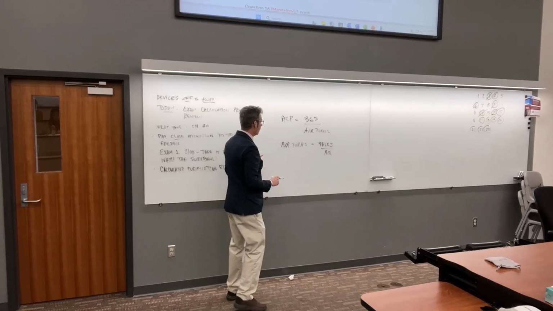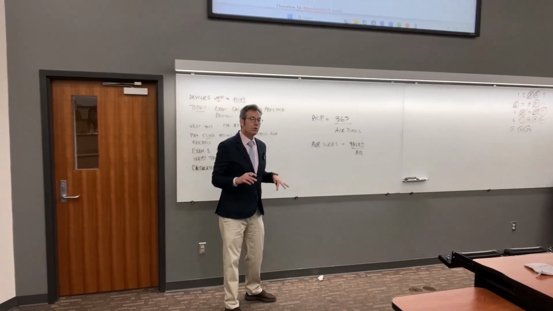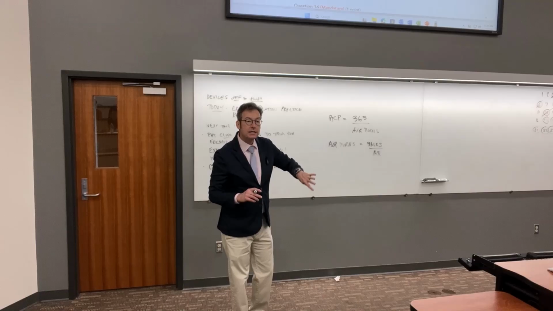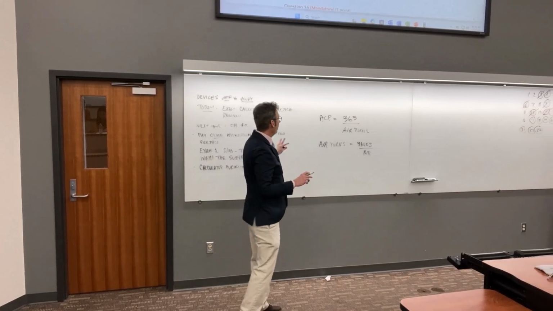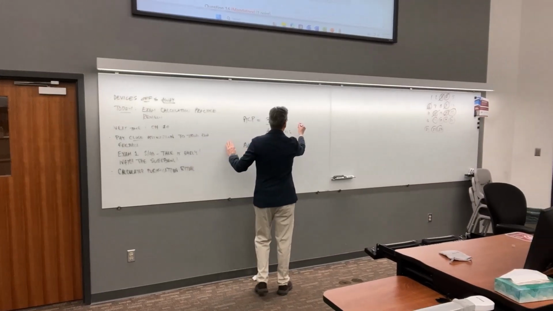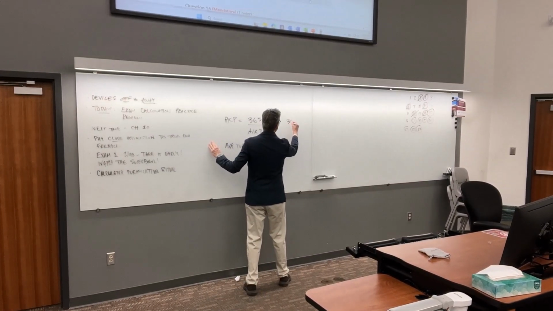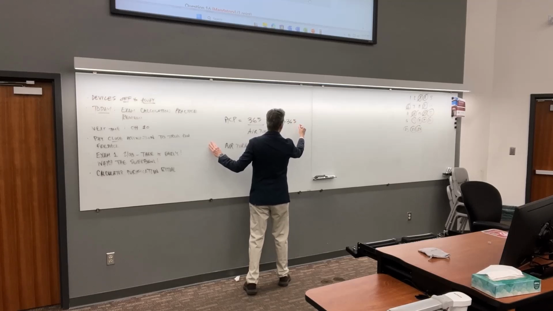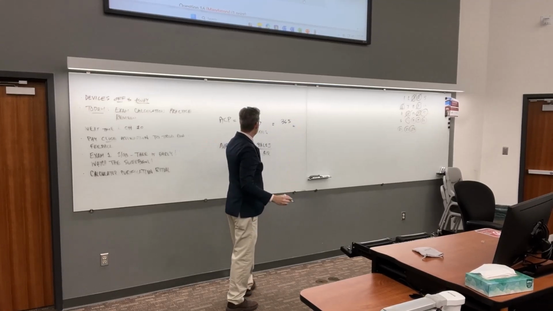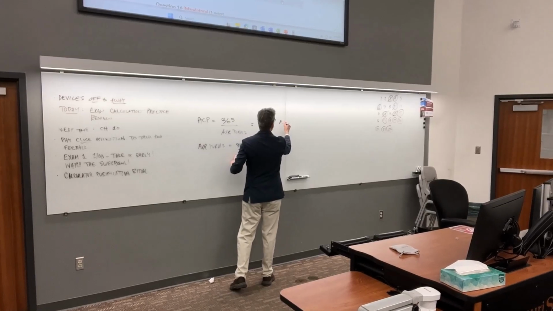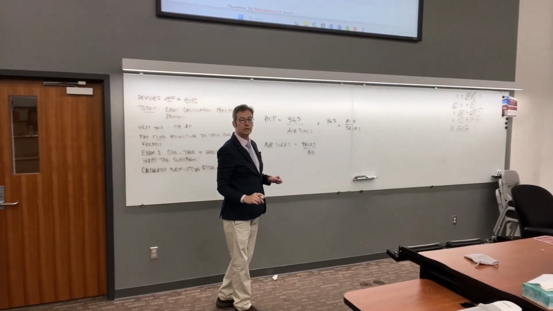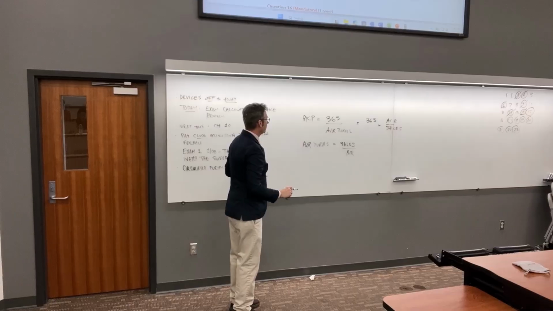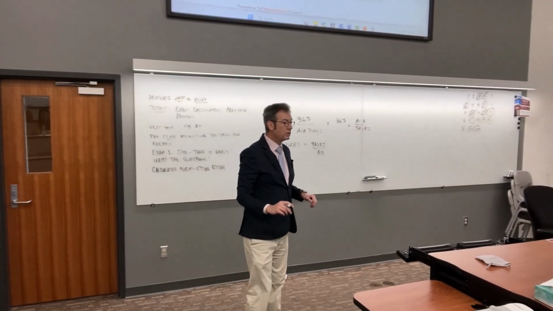Okay, now, do you guys know that dividing by something is the same as multiplying by its inverse? Okay, so without doing any magic here, I'm just going to say 365, and I'm going to multiply by the inverse of this thing, which is accounts receivable over sales. Do you guys see how that works? Okay, now what are we actually trying to look for?